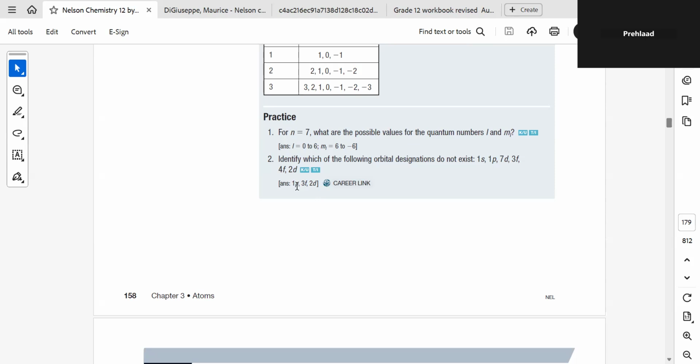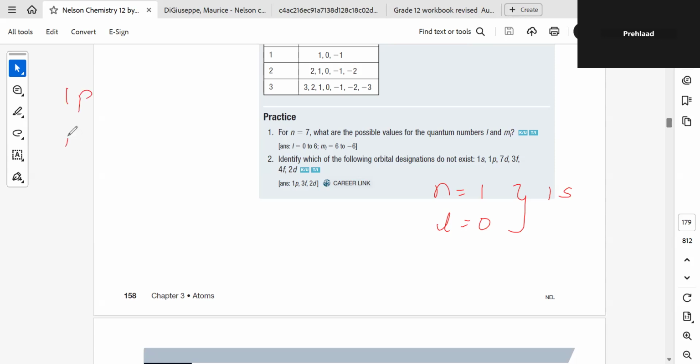Can you explain why 1p, 3f, and 2d don't exist? Let us do this. When we have 1s, that means your n number is 1 and your l number is 0. So this combination gives us 1s. Next is 1p.